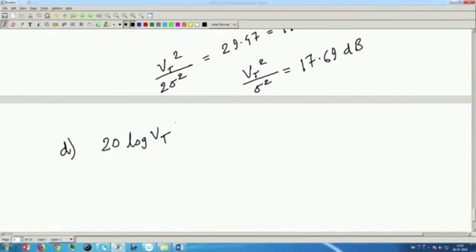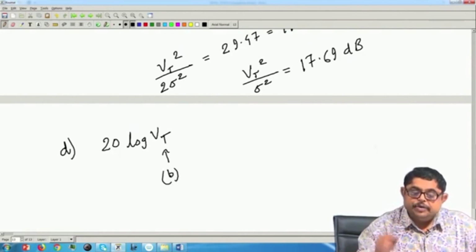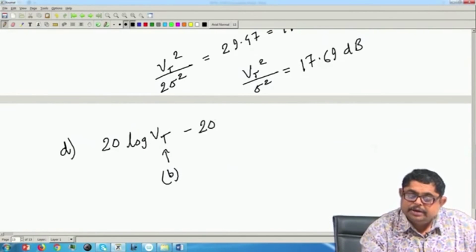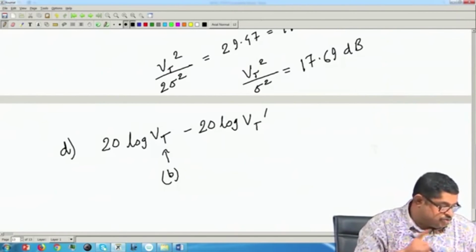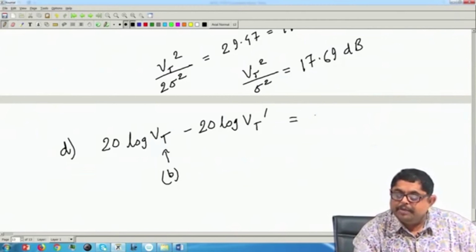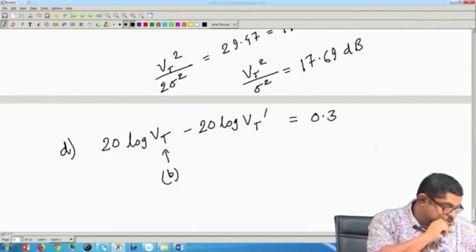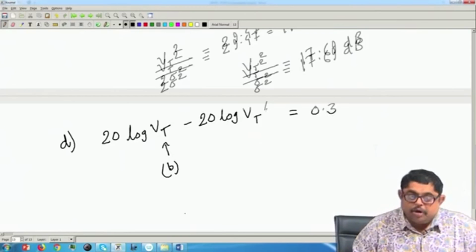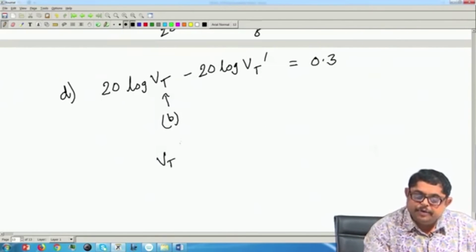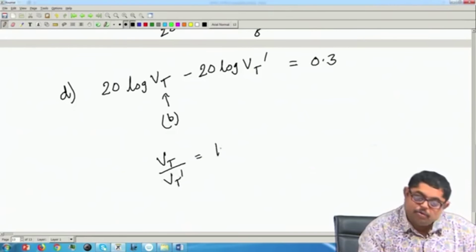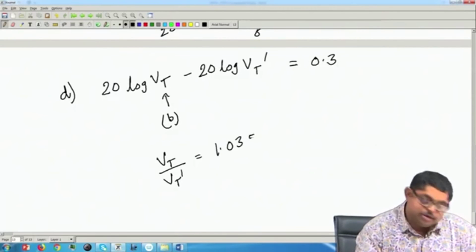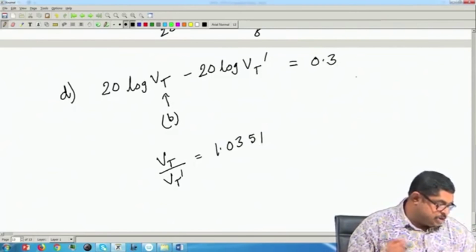This Vt is the answer given in part B, minus the new Vt that I am calling, let us say Vt dashed. So, that is lower by 0.3 dB, that is why 0.3. From this I can solve for Vt dashed. Vt by Vt dashed is 1.03, it will come as this if you just solve this equation.